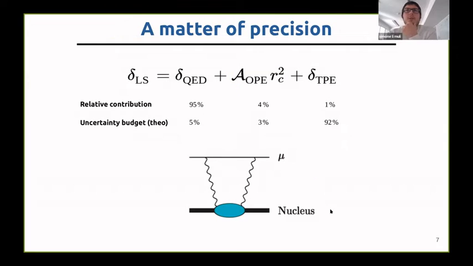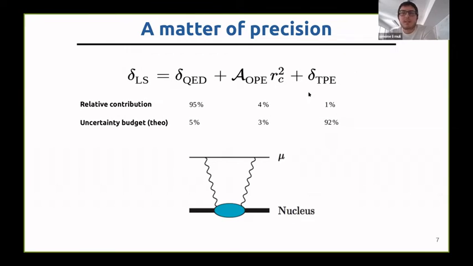And the reason comes from a matter of precision. Even though this term is very small, it usually accounts for roughly 1% of the total strength of the Lamb shift. These numbers hold for the muonic helium-4 system. But nevertheless, when we take into account the uncertainties associated to the theory side of this equation, we found out that most of the uncertainty comes indeed from this two photon exchange correction.